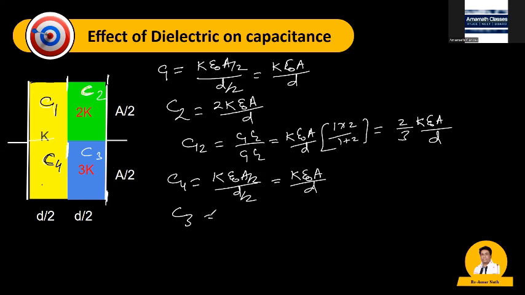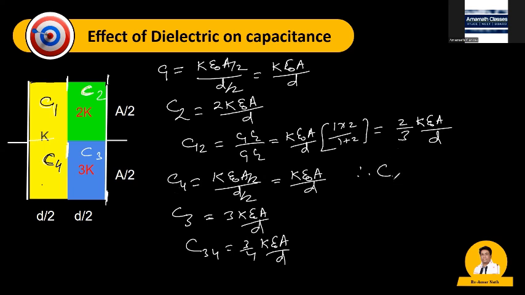C3 will be 3 times K epsilon naught A by D. Now C3 and C4 are in series. Similarly, we can say 1 into 3 by 1 plus 3. It means 3 by 4 K epsilon naught A by D. Now you can say that C12 and C43 are in parallel, okay?